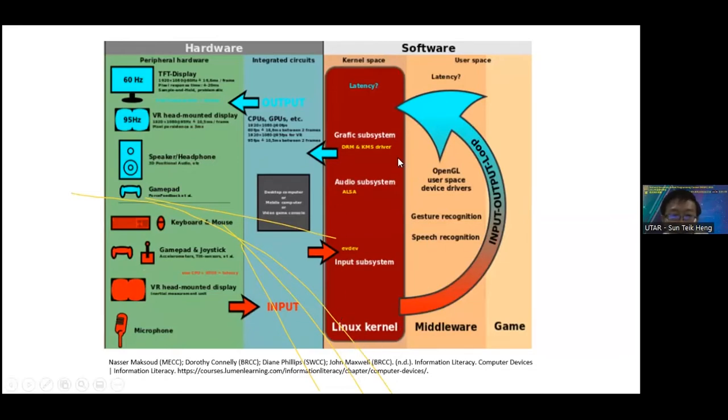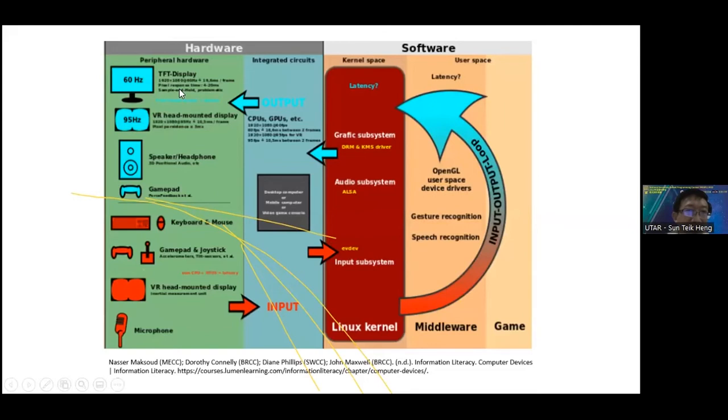So in our computer, the operating system, such as Linux, has an input subsystem to obtain the input from the user and give it to the CPU or the GPU so that they are able to process the input and produce the output to the various output devices.